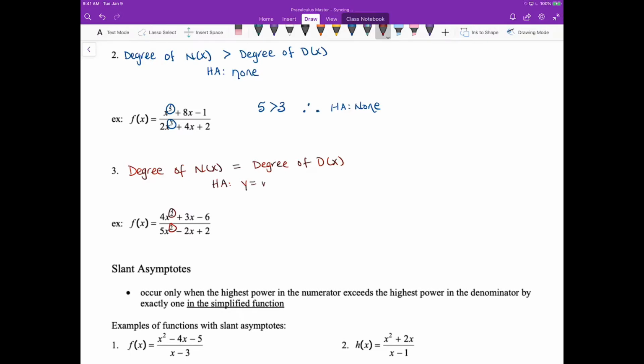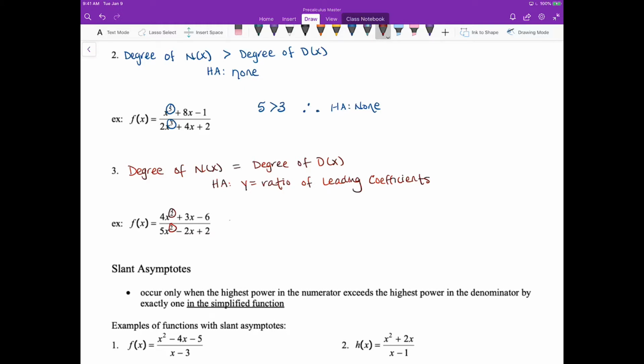So it's y equals the ratio of the leading coefficients. The leading coefficients, of course, have the degrees within the highest exponents.